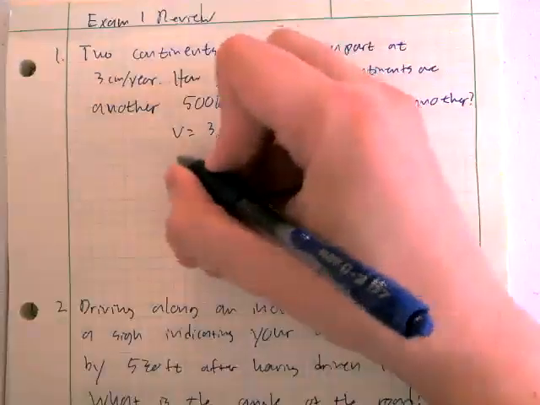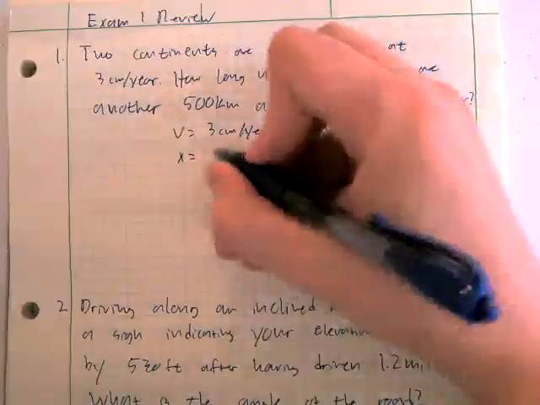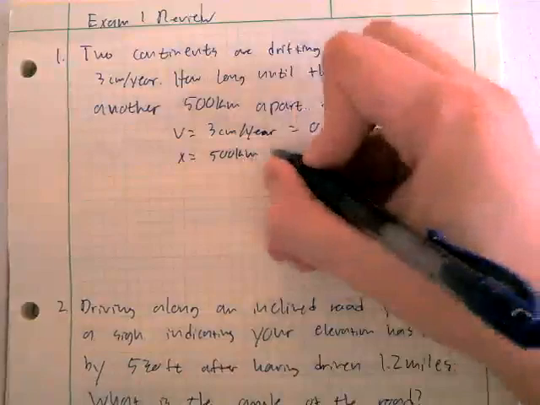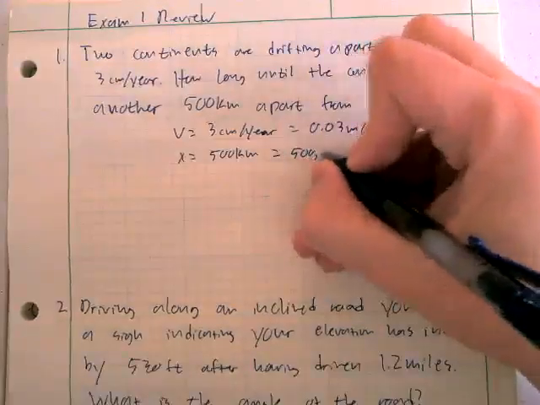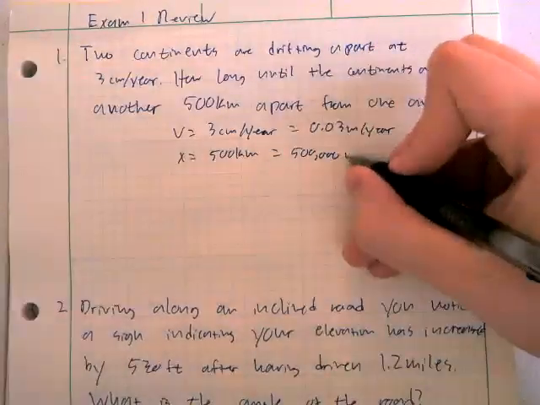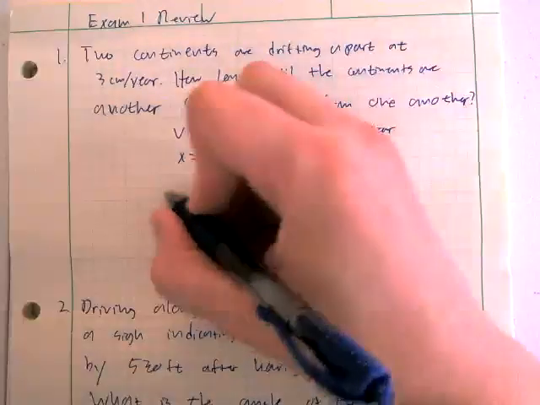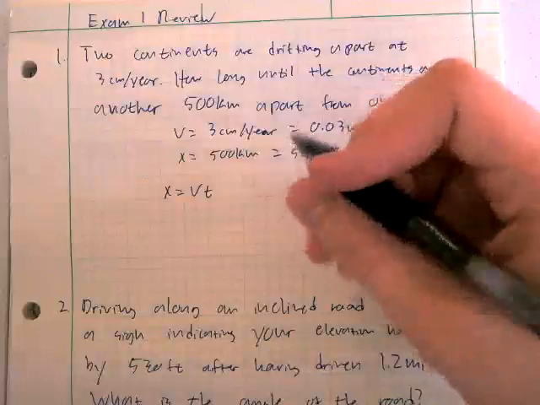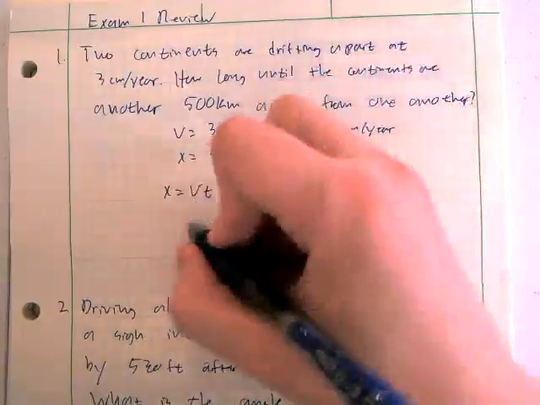Our distance is how far they need to drift apart from one another: 500 kilometers, or 500,000 meters, right? So then we just have a very easy distance equals rate times time. Solve for the time that we want.